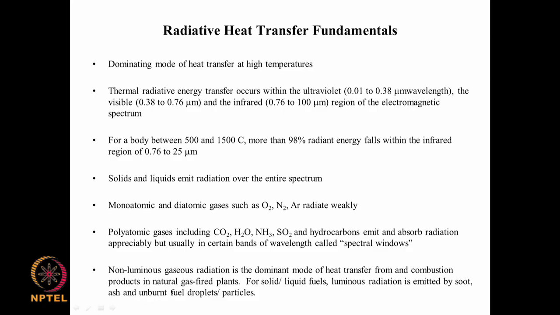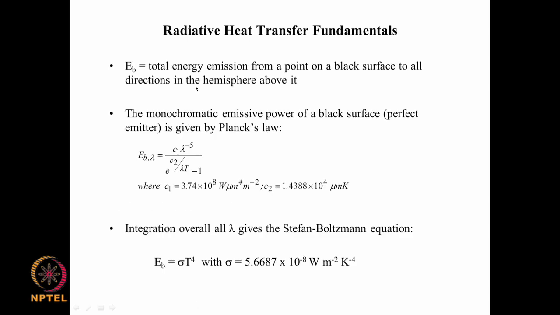So, you have unburnt fuel droplets or particles, and these small sized particulate substances can have a significant role in radiative heat transfer, and they can be like bright sparks, they can produce luminous radiation, whereas gases are essentially non-luminous radiation. Okay.